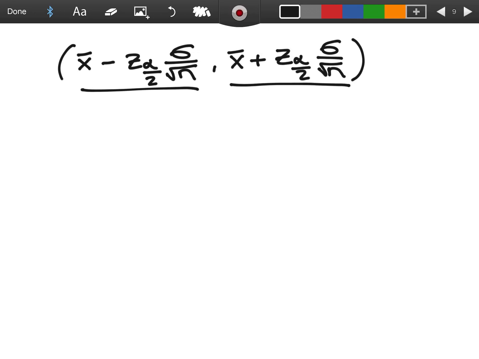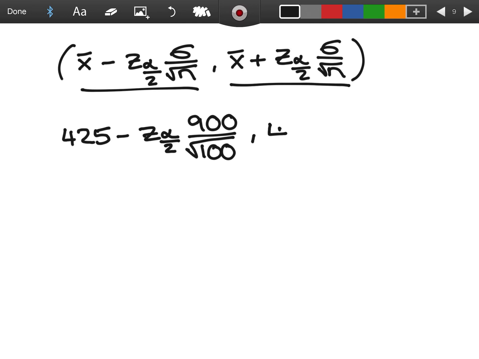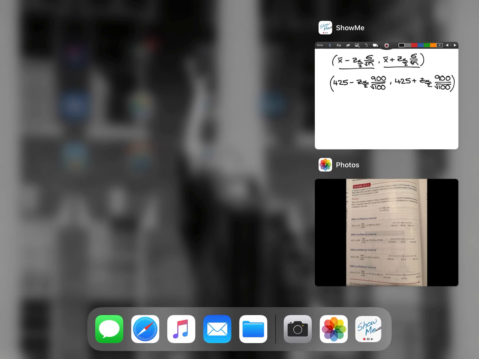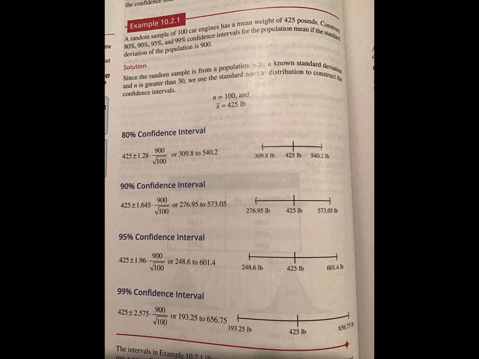So if we look at this example, they have told us that our sample mean is 425, okay? We still need to figure out that z value. Our population standard deviation is 900, and then our sample size was 100, okay? So for each one of our confidence intervals, we have to figure out this z value.